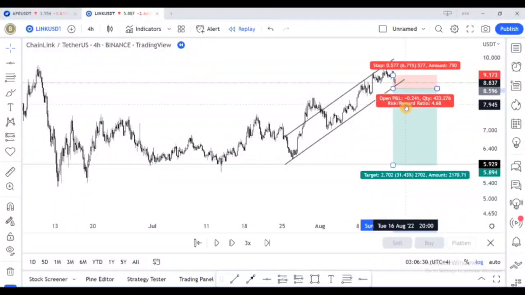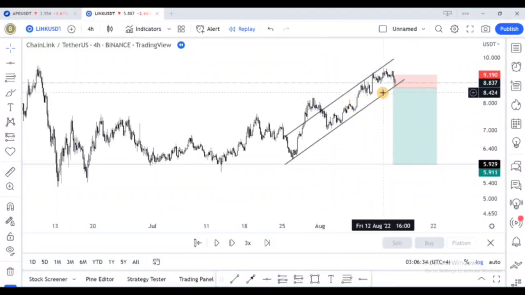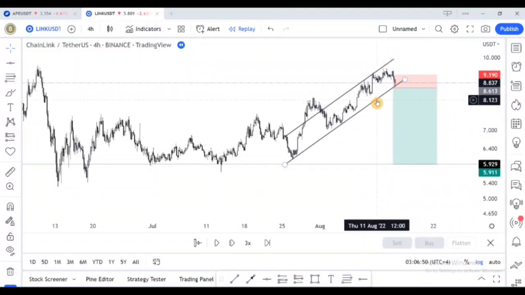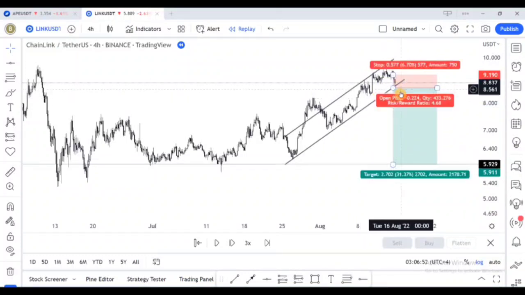So once I put it in like this, I can come here and place my entry to short this target while the price is still here. Or I can just leave it and wait for the price to break this lower trend line for me to enter this trade.